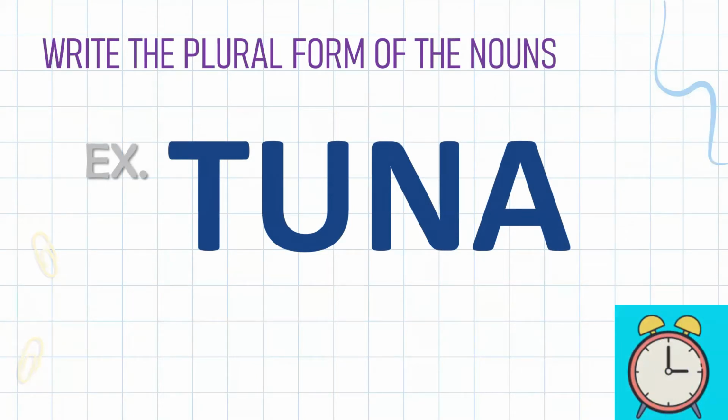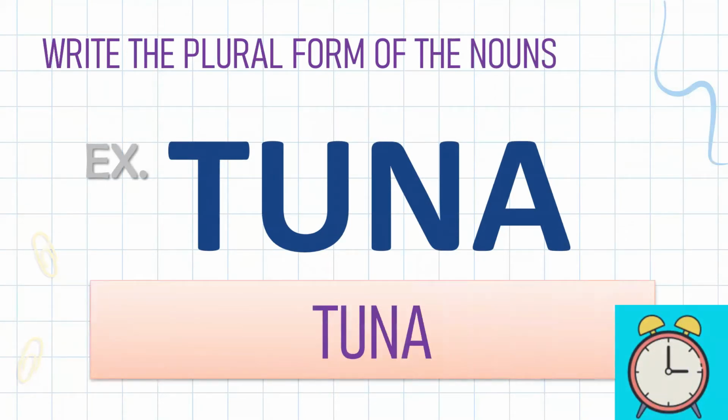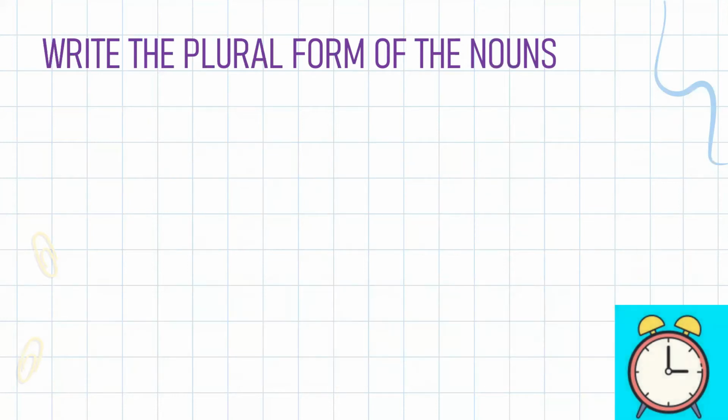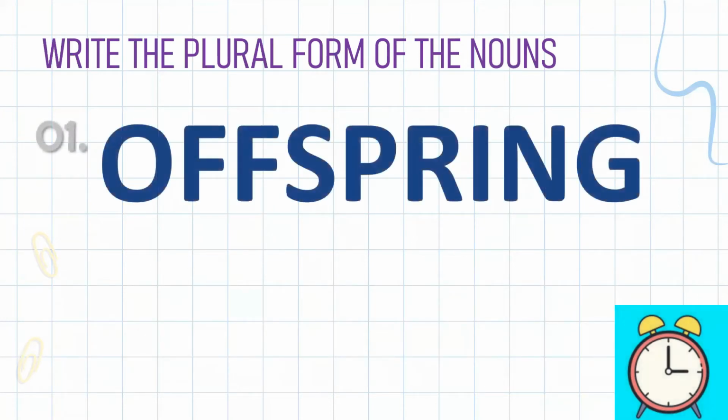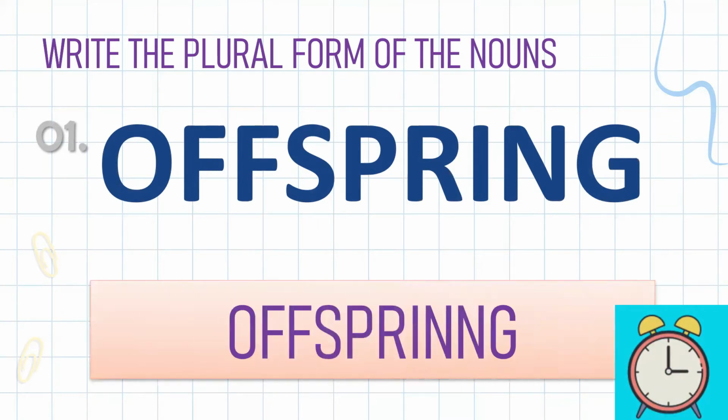The correct word is tuna. So, tuna is also one of the irregular nouns that do not change their spelling. Let's begin. What is the plural form of the noun offspring? The correct answer is offspring.